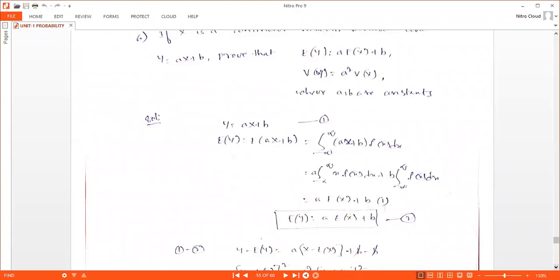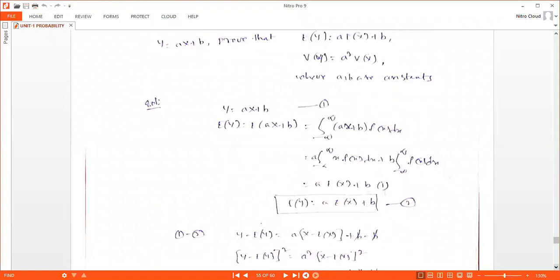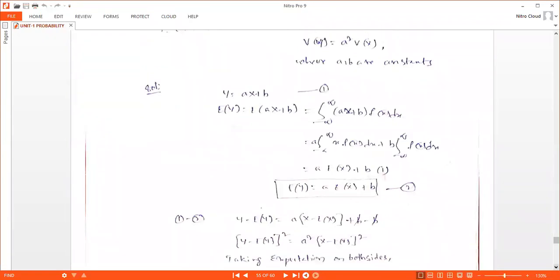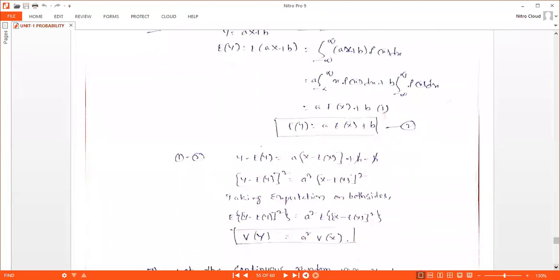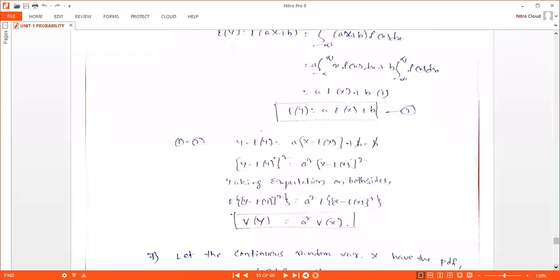Now to solve the second one, we are taking equations number 1 and 2. So now 1 minus 2. That is y minus expectation of y on the left hand side, and on the right hand side you have ax plus b minus a expectation of x minus b, b cancels. Squaring on both sides, and then taking expectation on both sides.